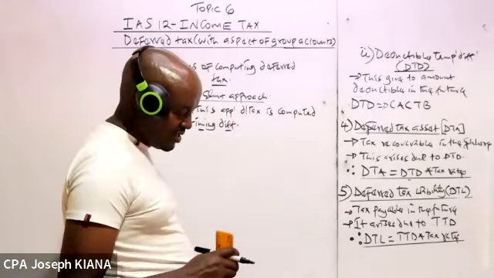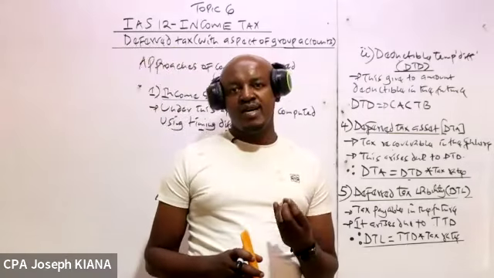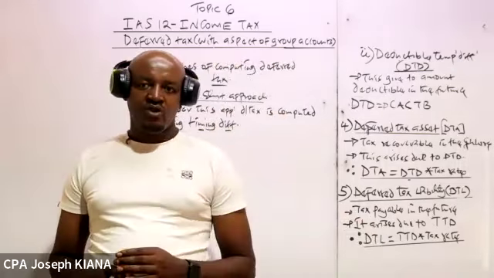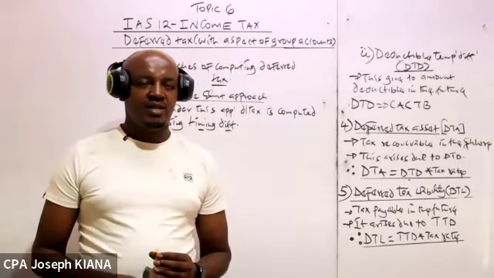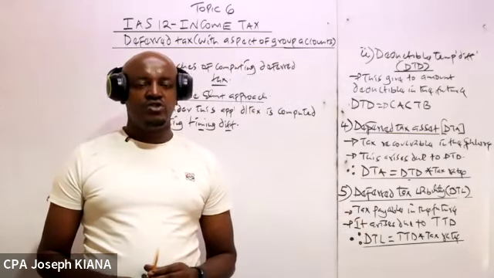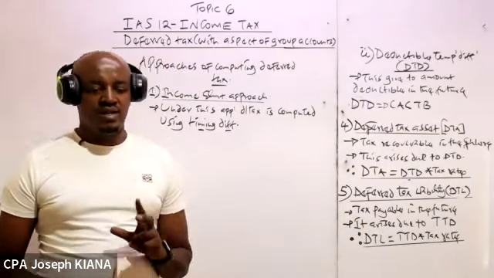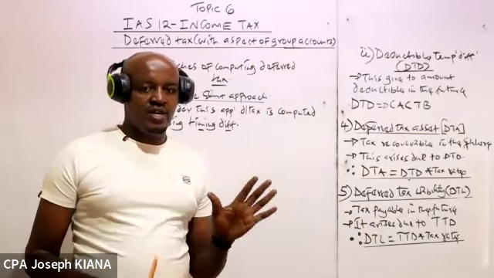But this particular approach is not recommended for use by IAS 12. In fact, at this level, if you go through the past papers, the questions which have been tested from this topic, you will not see a question requiring you to use the income statement approach.